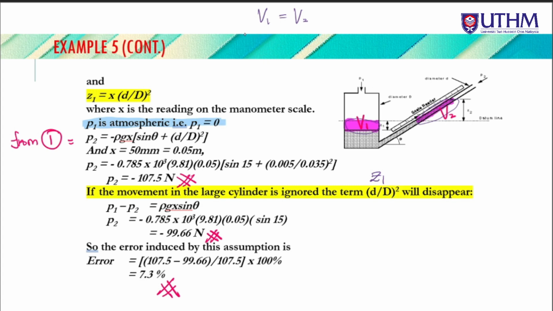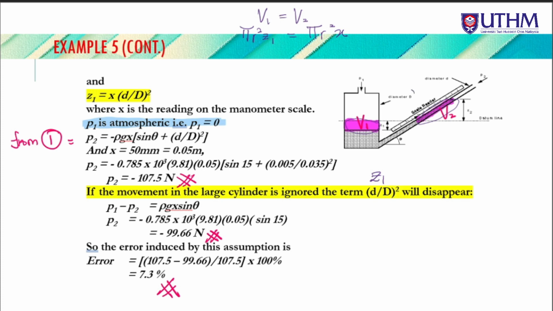Volume of a cylinder is equals to pi R squared times Z1, equals to V2, pi R squared X kan. So yang ni tinggi dia adalah X lah, bukan Z2.